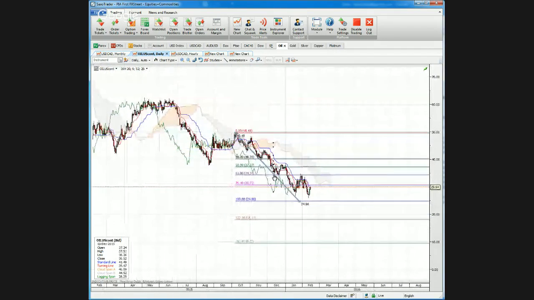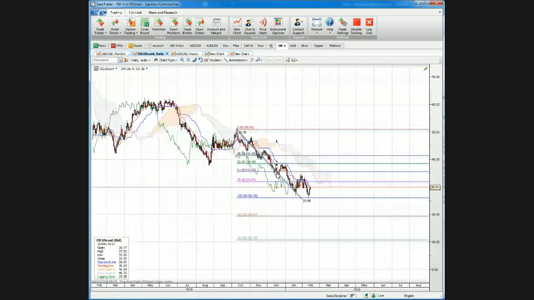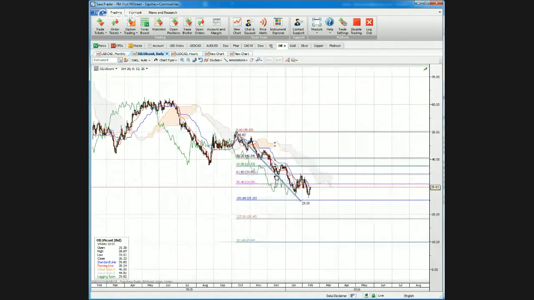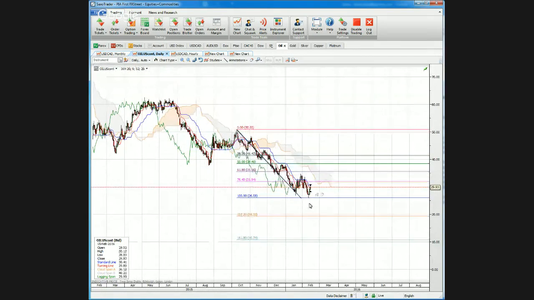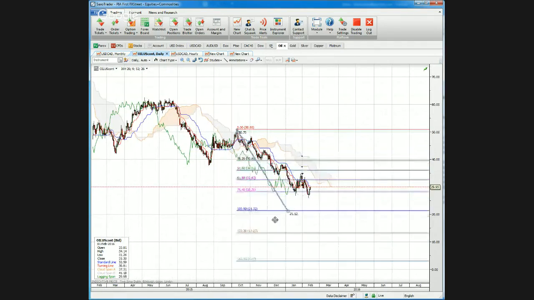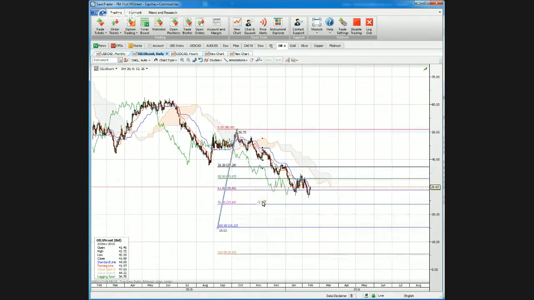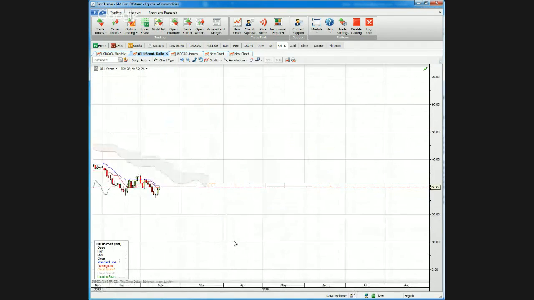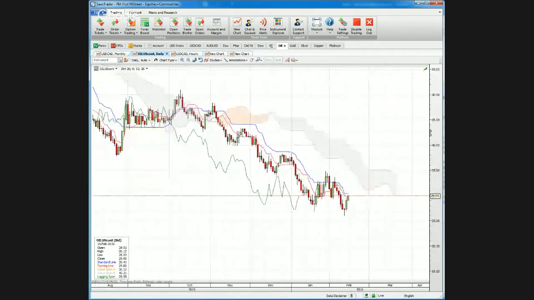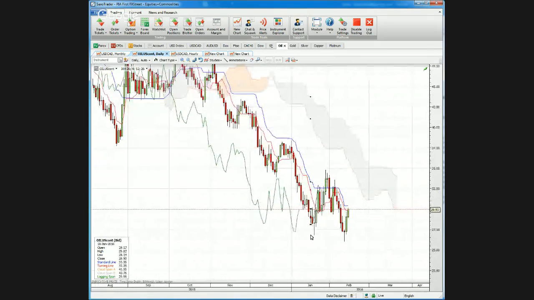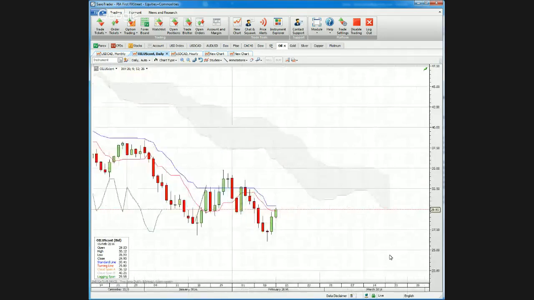This ABCD formation has reached its target around $26. A, B, C, D. So we've got a lot of things going on in oil at the moment, and as we saw a few weeks ago in January, a very, very similar formation has formed.